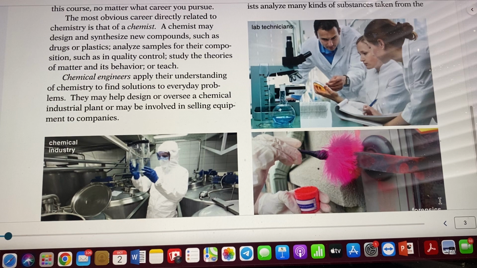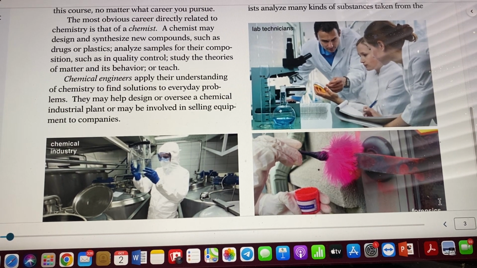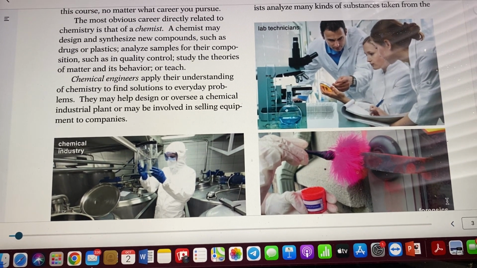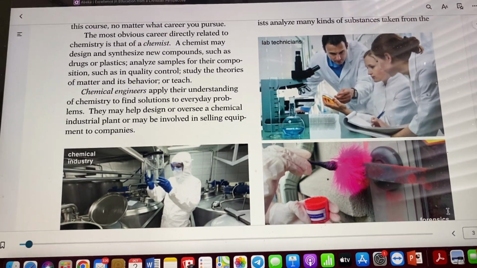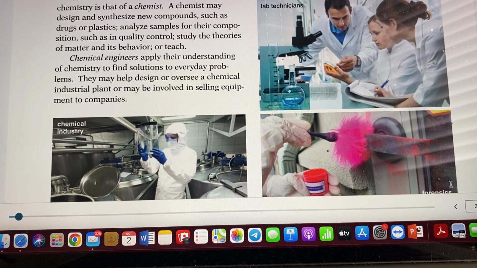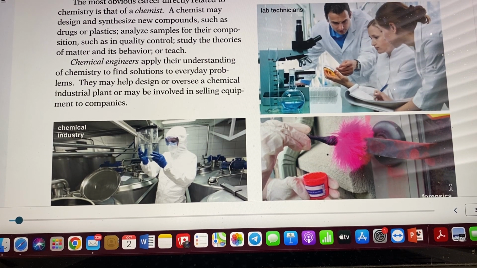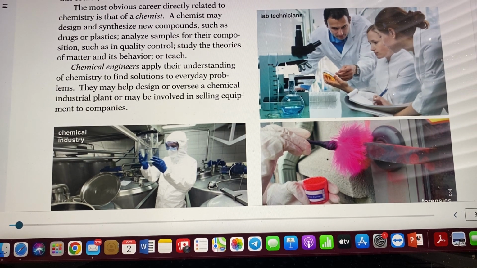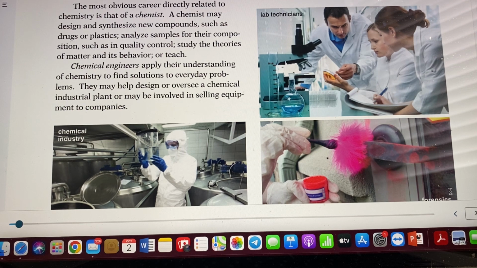A lot of chemists have to do with drugs or plastics, and some chemists teach. Down at the bottom, lab technicians are at the top, and chemical industry there. We have a chemical engineer. A chemical engineer applies the understanding to find solutions to everyday problems in engineering chemistry. Lab techs at the top carry out routine analysis and operate instruments.